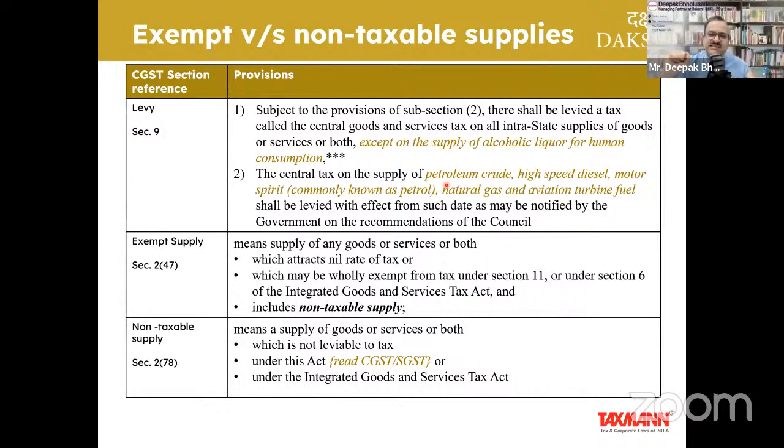You will find this reference to non-GST only in GSTR 9. And that's how it originated. And now, as per the department's view, even Schedule 3 is part of non-GST, even exempt supply is part of non-GST, even non-taxable supply is part of non-GST.